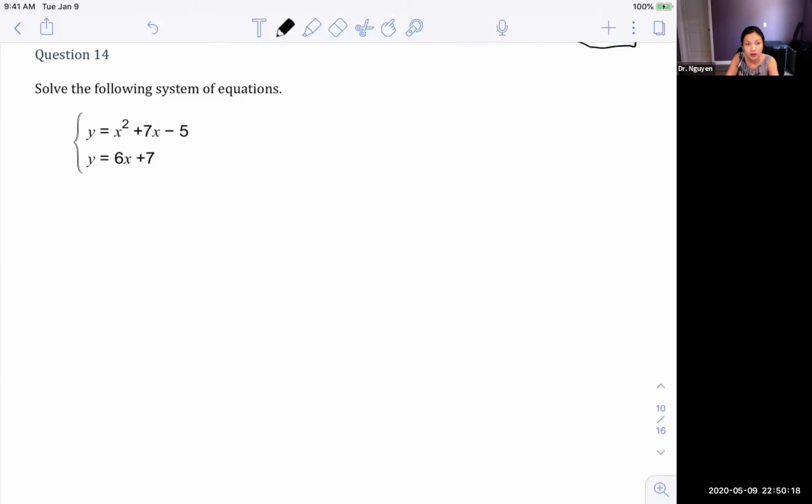For this video, we want to solve a system of equations, but this time they are nonlinear. As you can see, the first one right here is a parabola, and the second one is linear, right? And linear is a straight line.